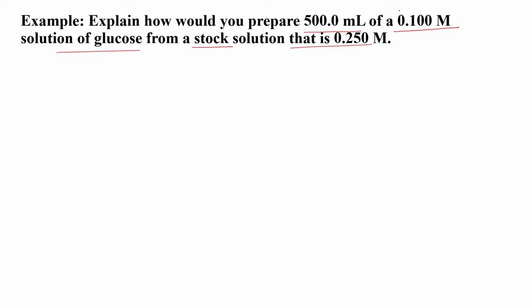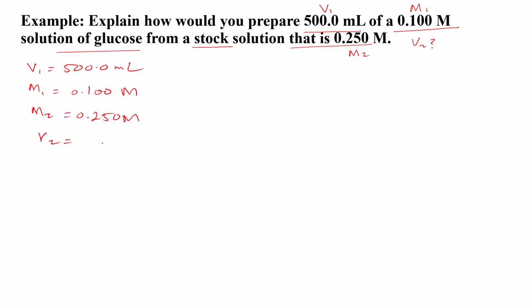The first set I will give is that this is my V1, this is my M1, and this is my M2. So definitely I have to find V2, right? So let's make the list here. Okay, we have to find V2, so we will rearrange this equation for that.